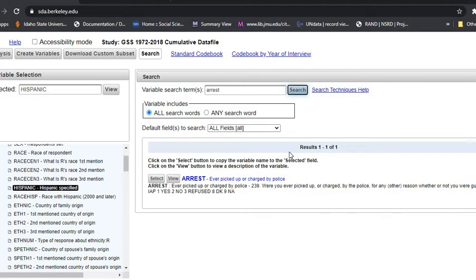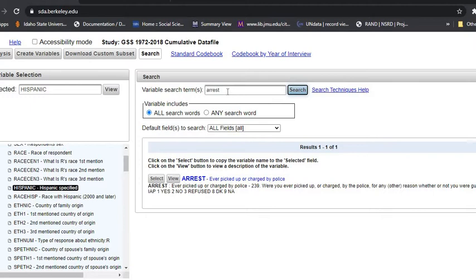I don't think I'm going to make you do searches unless you want to, because sometimes it can be time consuming and a little frustrating to find questions you may be interested in when you don't know if they've ever been asked. So I'm going to make that easier for you by telling you about variables that you can use.